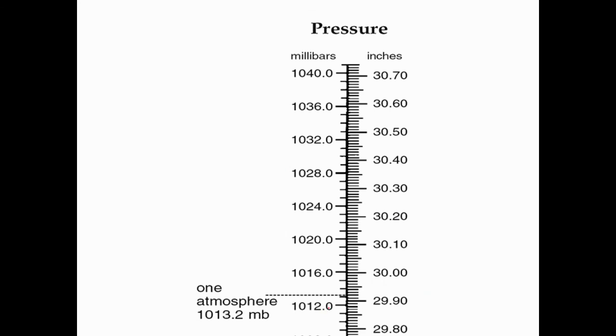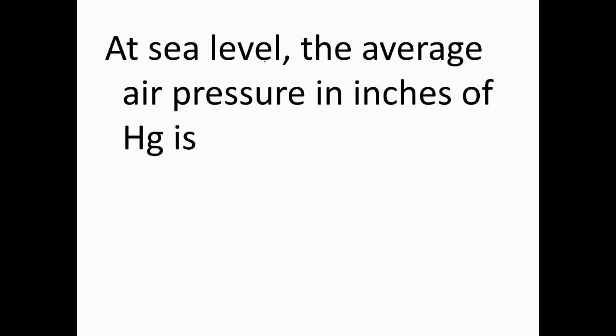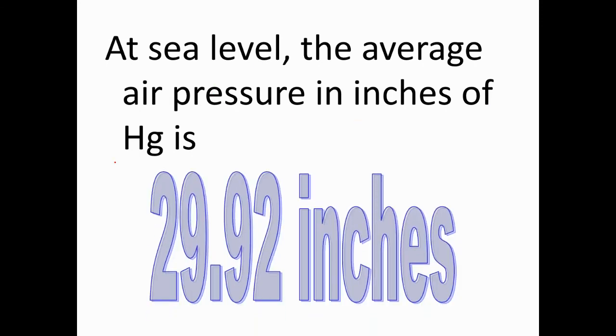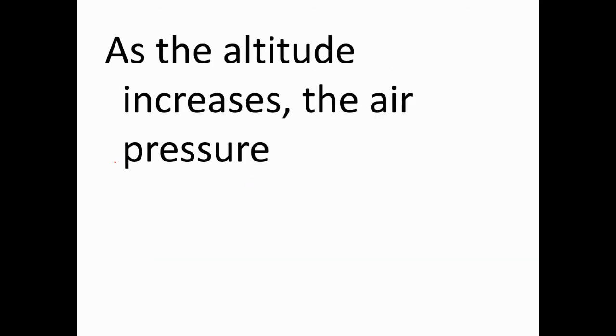Here's 1 atmosphere, 1013.2 millibars, 29.92 inches of mercury. At sea level, the average air pressure in inches of mercury is, well, I gave this away already. And as altitude increases, as we go up, what happens to air pressure?